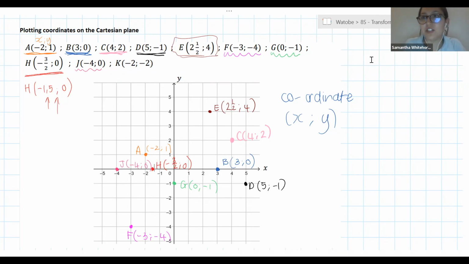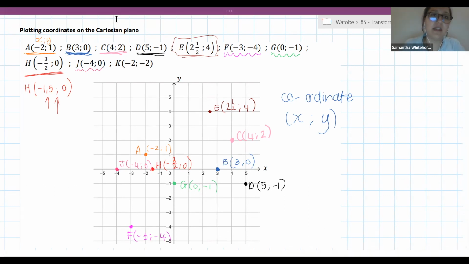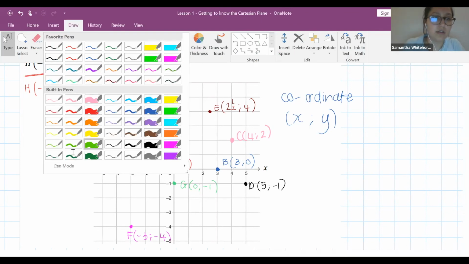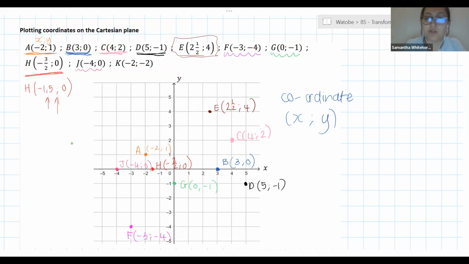Okay, we do just have one more coordinate. Would anyone, hands up, like to tell me how I should go about plotting the coordinate for K? Emmanuel, we haven't heard from you tonight. Hi, ma'am. On our x-axis we go to -2.